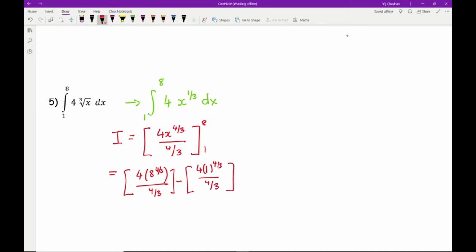And again, if I just type that into my calculator, either working out separately or not, entirely up to you, I'd probably recommend that you practice doing this while you're waiting for me to type in the question.